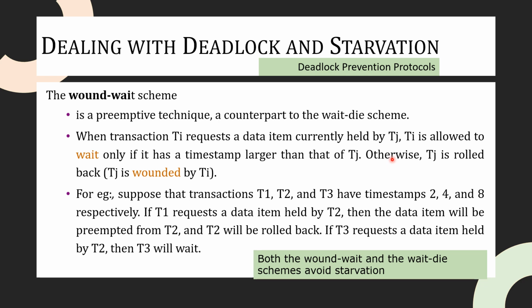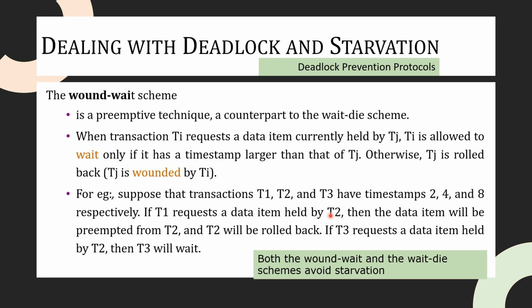For example, the transactions T1, T2 and T3 have the timestamps 2, 4 and 8 respectively. If T1 requests a data item held by T2, T1 is having the timestamp as 2 and T2 is having the timestamp as 4.